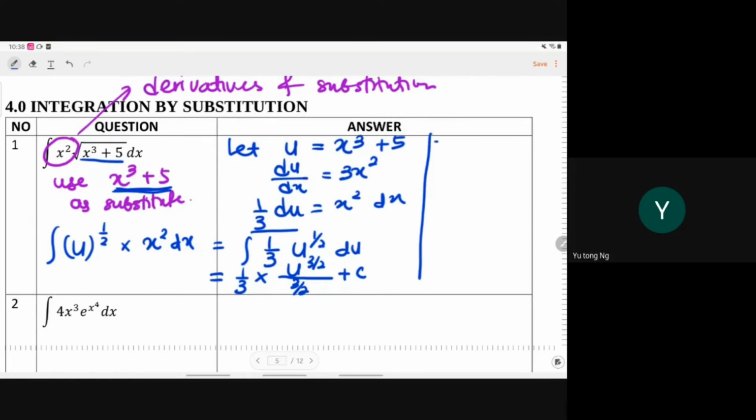So it is equivalent to 1 over 3 multiplied with 2 over 3 u to the power of 3 over 2 plus c. This fraction we simplify, so becomes 2 over 9. And your u, substitute again with the original expression, which is x cubed plus 5 to the power of 3 over 2 plus c.